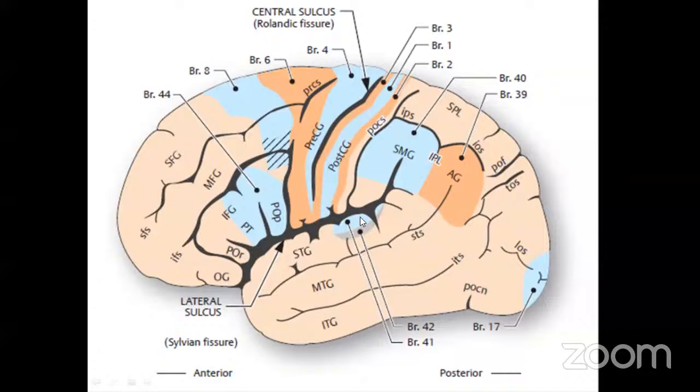We have got the transverse temporal gyrus of Heschl, located in the superior temporal lobe, that is Brodmann areas 41 and 42. I will be dealing with the anatomy of all these areas of the brain later on, but the purpose of this picture is to give you an orientation regarding the various Brodmann areas.